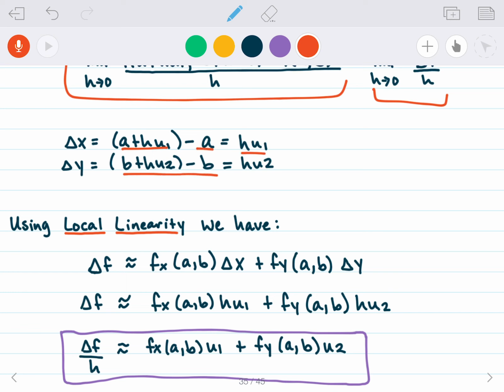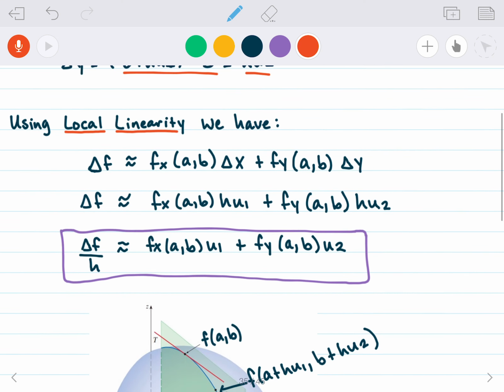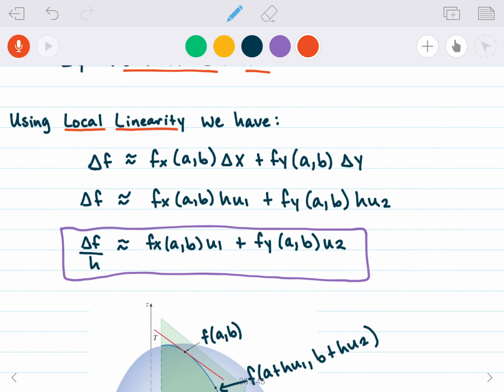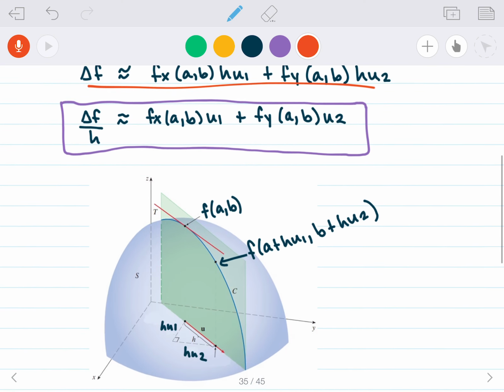And so using our local linearity definition, we get that delta f is approximately the partial derivative with respect to x at (a, b) times hu1, plus the partial derivative with respect to y at (a, b) times hu2. And when we let h go to 0, this becomes exact.